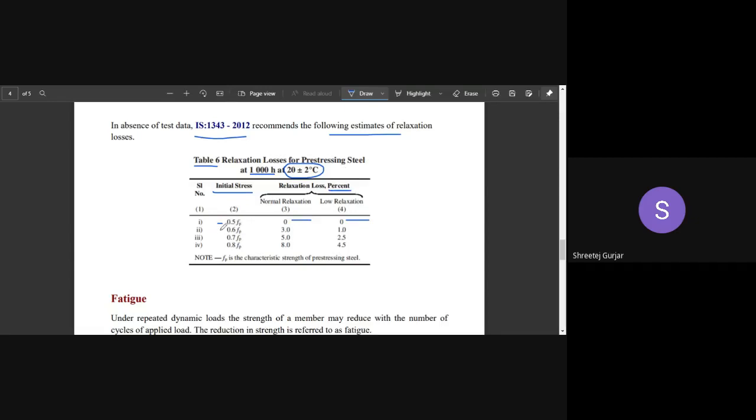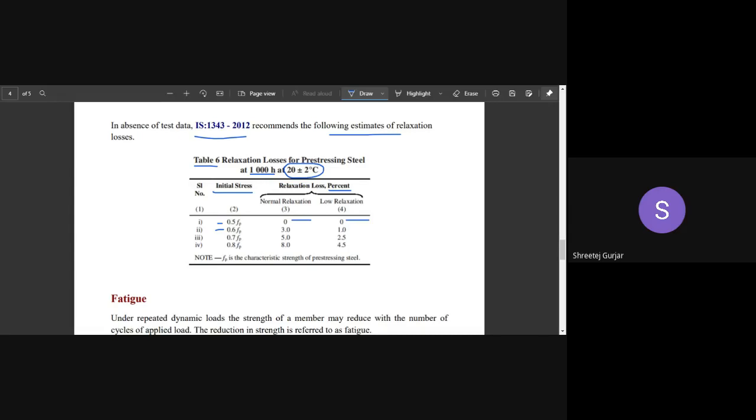In the next row you can see we have increased our initial pre-stress from 0.5 fpk to 0.6 fpk. Whenever we have 0.6 fpk as the initial stress, the normal relaxation loss is 3% and the low relaxation loss is 1%.